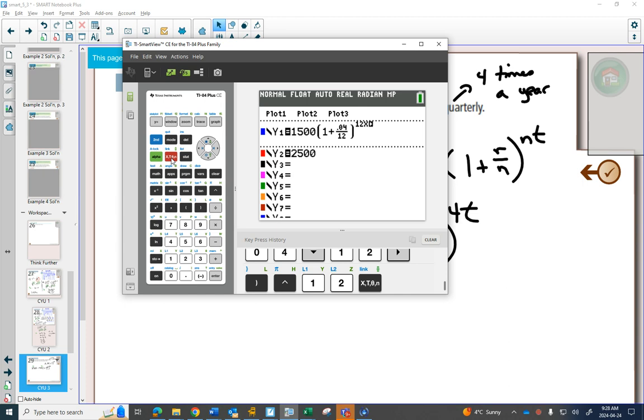Now, most likely, if you hit graph at this time, you will see no graphs on your screen whatsoever. The reason is, first of all, 2,500 is a straight horizontal line.